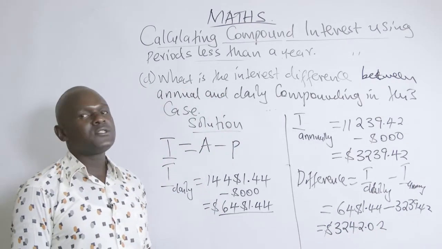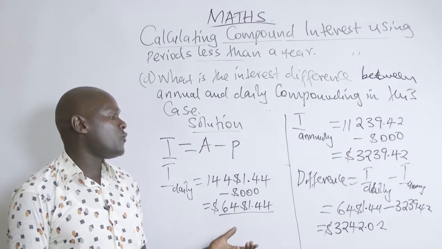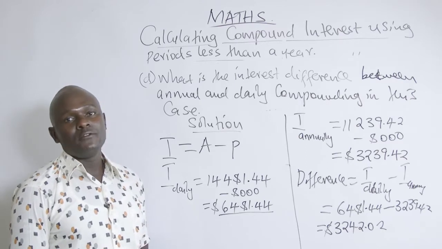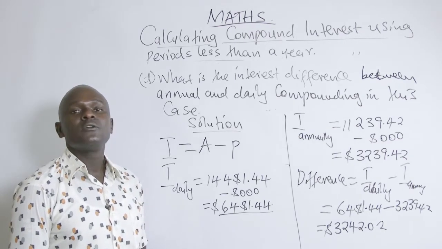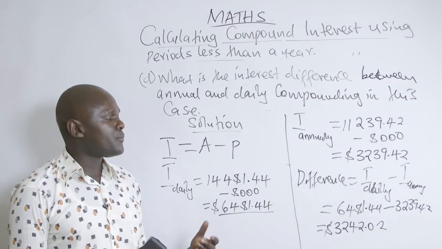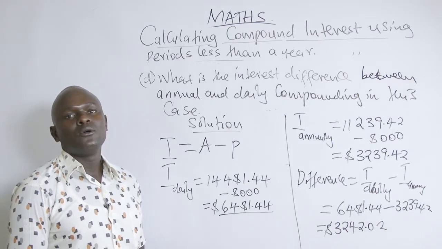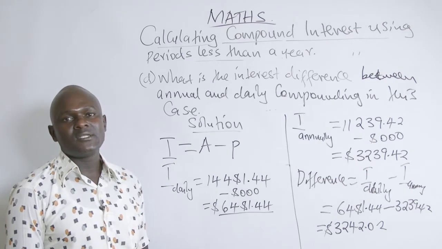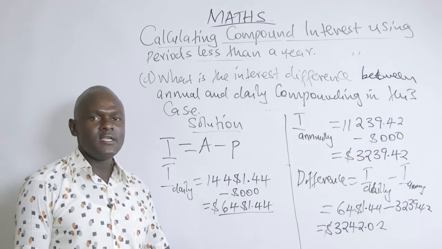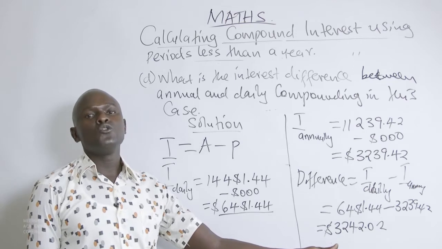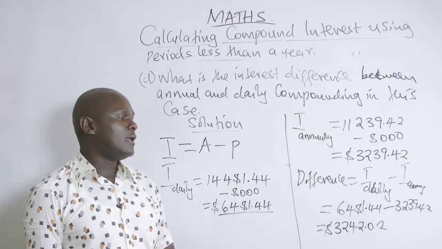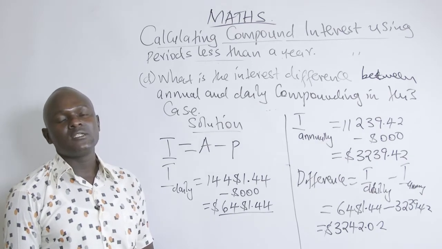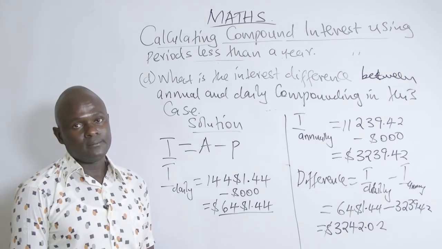What does this difference show us? It is showing us that if you are going to invest a given amount, it is prudent for you to take that option where the compound interest is calculated daily, because it will give you more returns, unlike when you have an option where the compound interest is calculated annually.